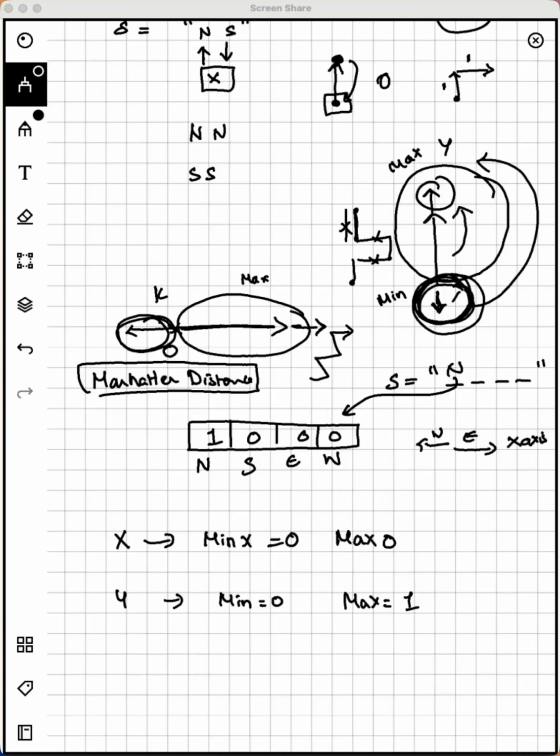Let's progress a little bit more. Let's say we had north as 3 and then maybe south as 1. What happens then? My max becomes 3 and my min becomes 1. Now what I want to do is adjust this min to the max, because I want to increase the max and reduce the min in order to get the maximum Manhattan distance.